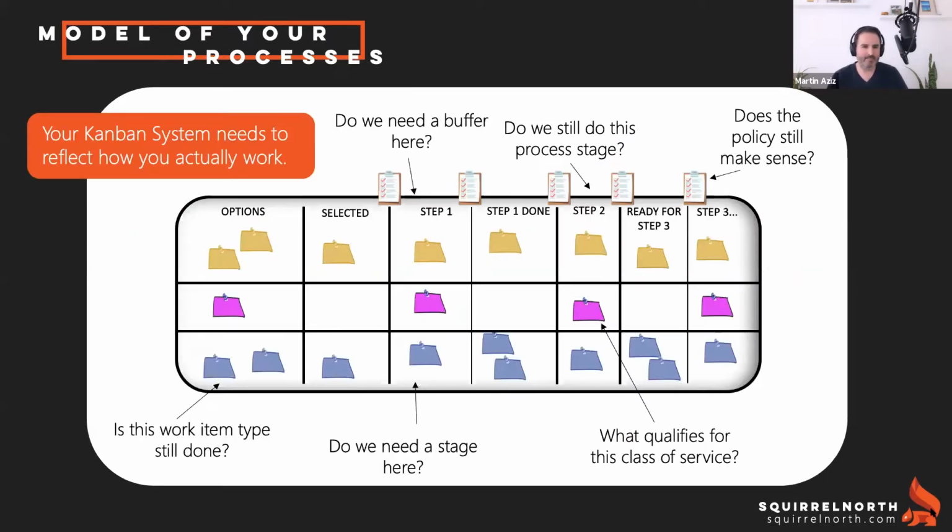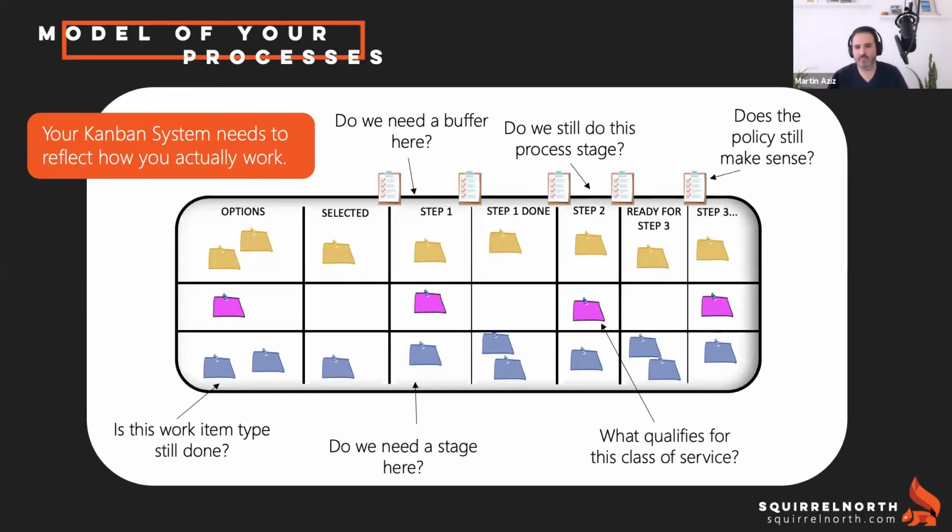So what are some things that may change? Imagine you have an existing Kanban board, and you might be looking at your design and saying, do I need this buffer here? Maybe this is not where things are piling up and it's somewhere else. So I may need to put a buffer somewhere else and remove another one from an existing point in my process.